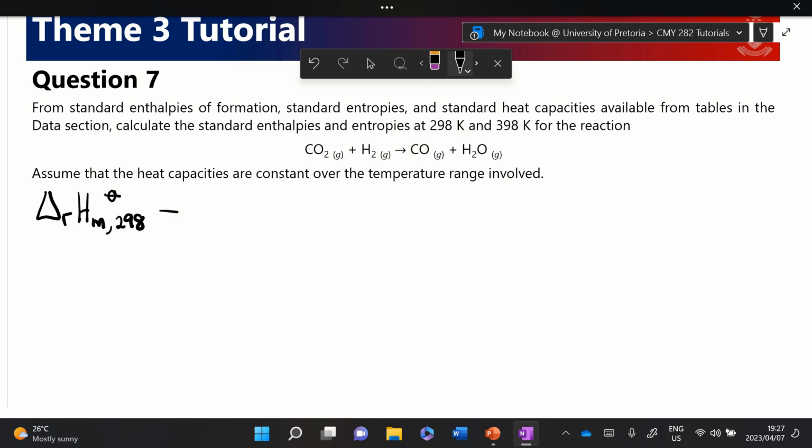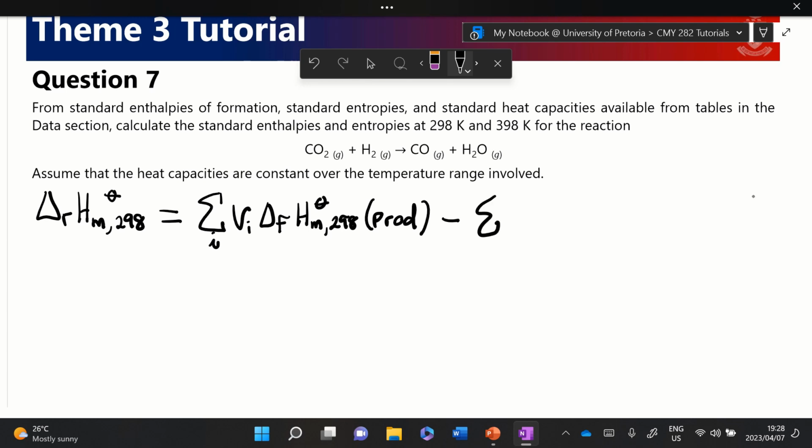So the standard molar enthalpy of reaction at 298 Kelvin is the sum over i of the formation enthalpy at 298 of the products minus that of the reactants.